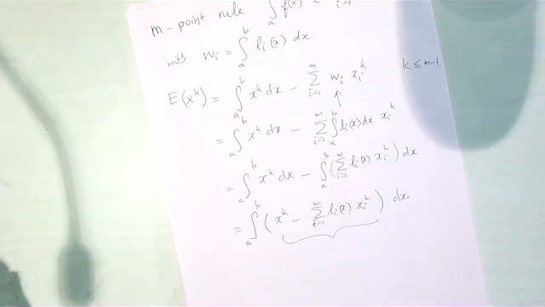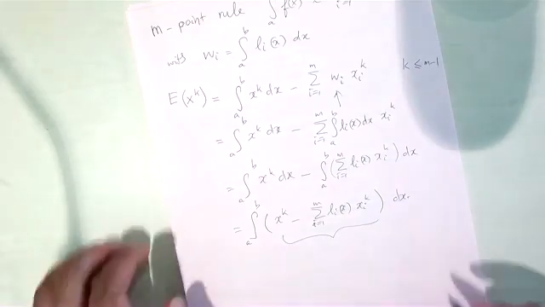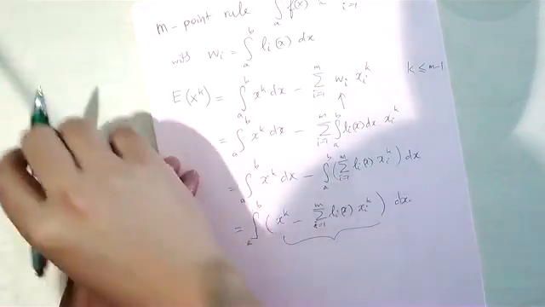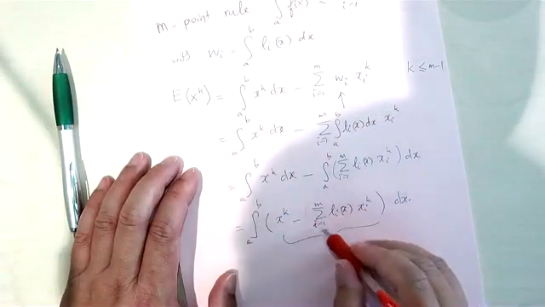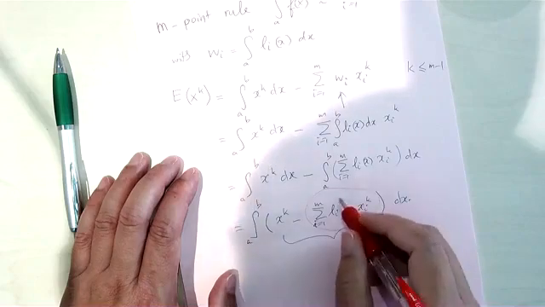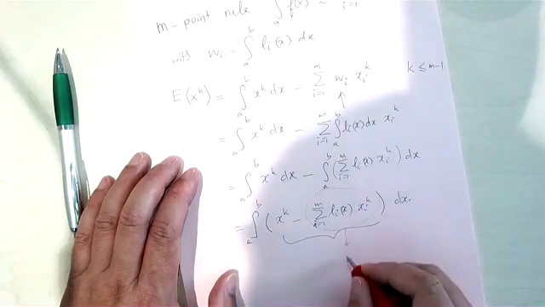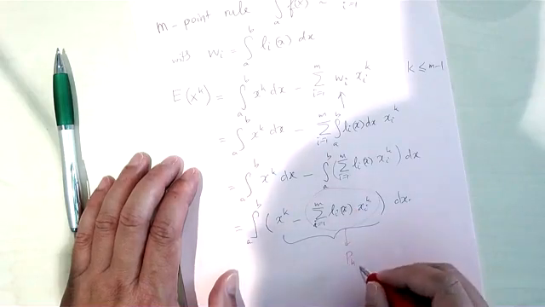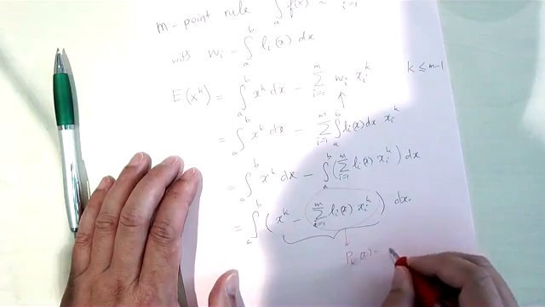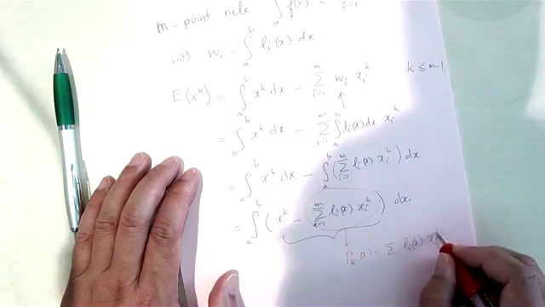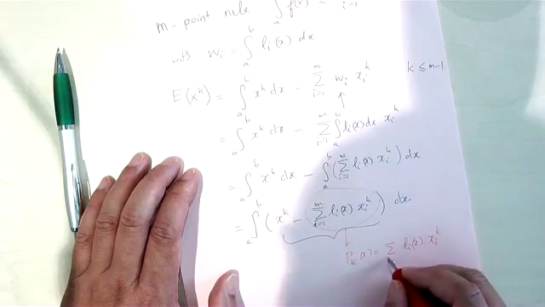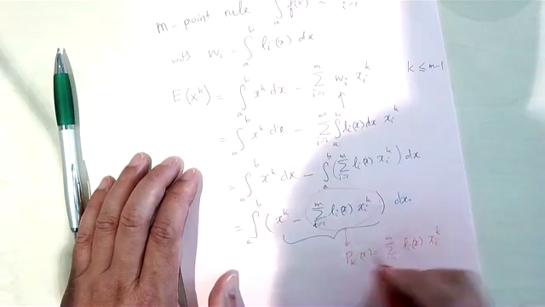Yeah, so you see this one on the right, if I label this to be p_k, yeah, so this is my p_k(x) equals the sum of L_i(x) x_i to the k, i from 1 to m.